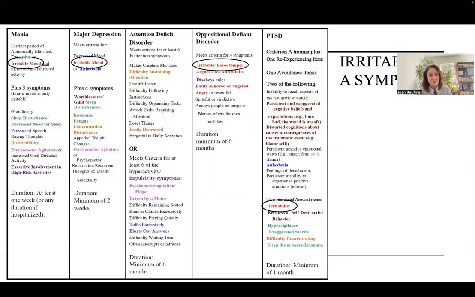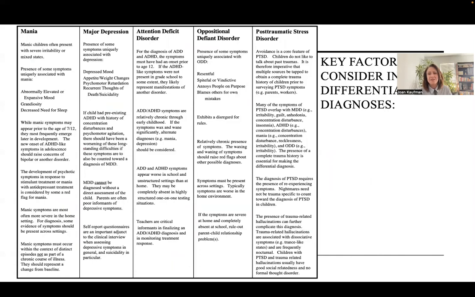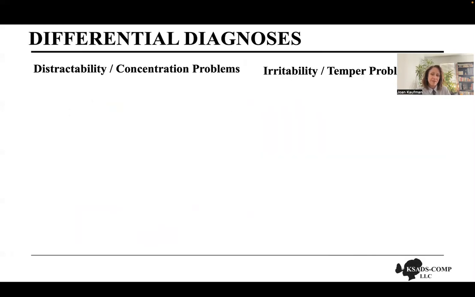Symptoms of irritability, again, could be mania, depression, oppositional defiant disorder, or PTSD. Key factors in considering these differential diagnoses between these common child psychiatric illnesses are, as we've said, whether the symptoms are chronic or episodic, the setting where the symptoms are worst, and the patterning of the symptoms.